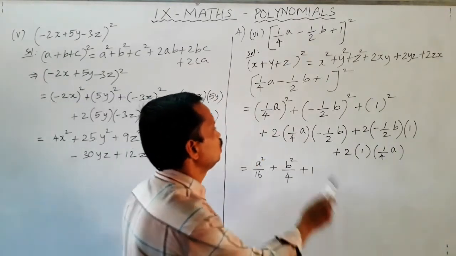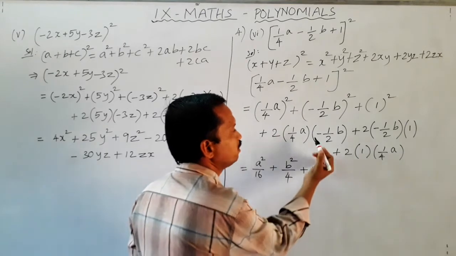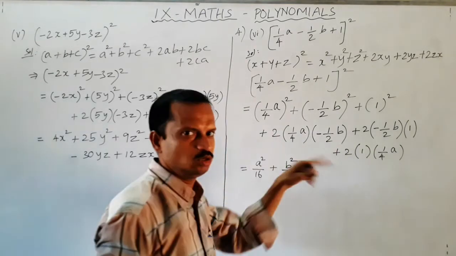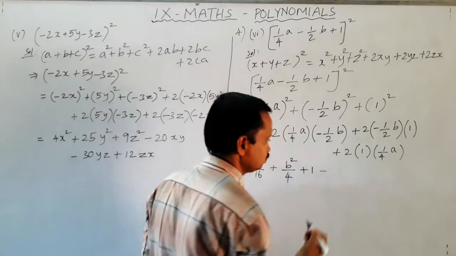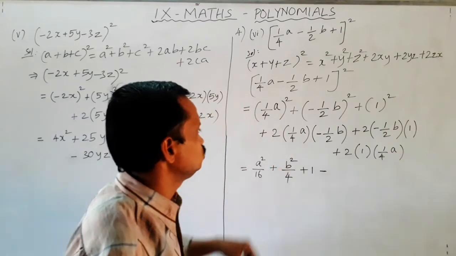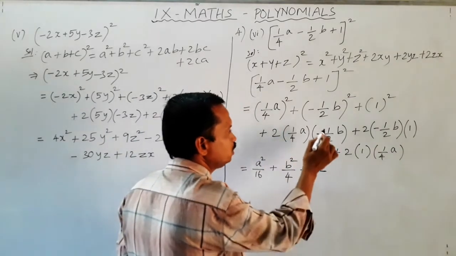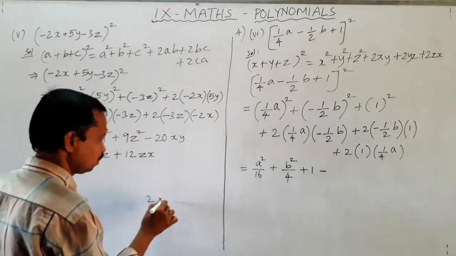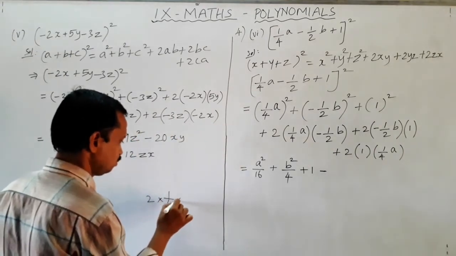And then plus into minus. So here the minus sign is there, and there the plus sign. So plus into minus, minus. Clear? So the minus sign will come. And then the number: you see, 2 into 1 by 4 into 1 by 2. So like that we have to take. I am writing here 2 into 1 by 4 into 1 by 2.